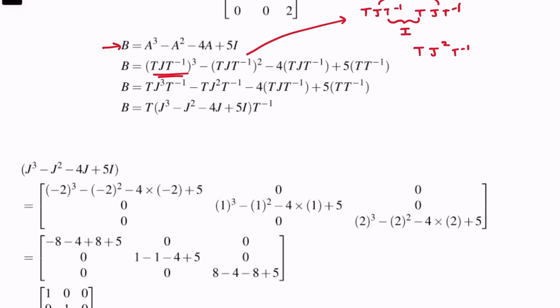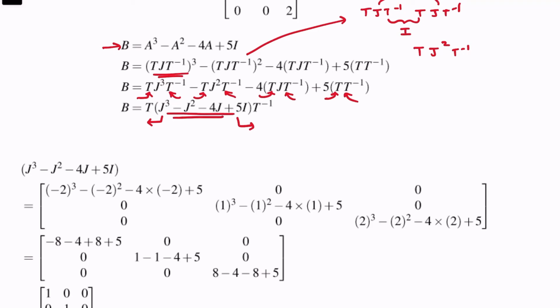Now you can pull out all the T's to pre-multiply the matrices, and all the T inverses to post-multiply the matrices. In this case, of course, I is T I T inverse. So you can pull out T as a pre-multiplication and T inverse as a post-multiplication.